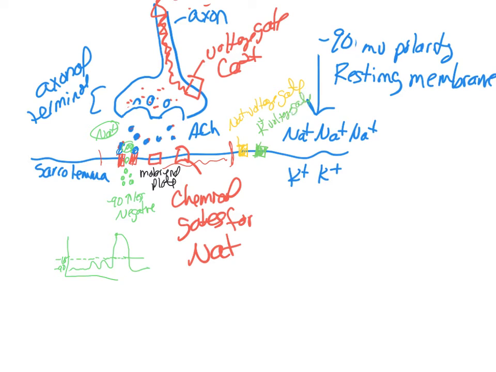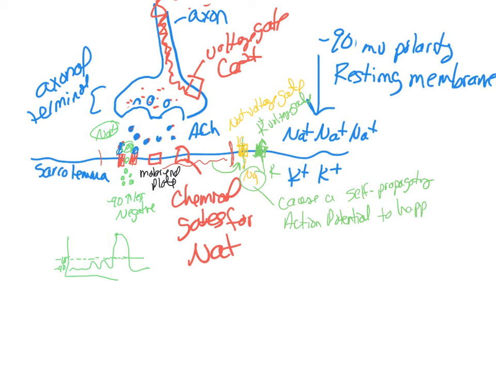If those voltage gates open, sodium can come in and potassium is going to go out. This will cause a self-propagating action potential to be generated.